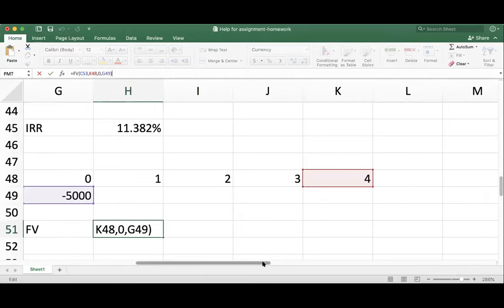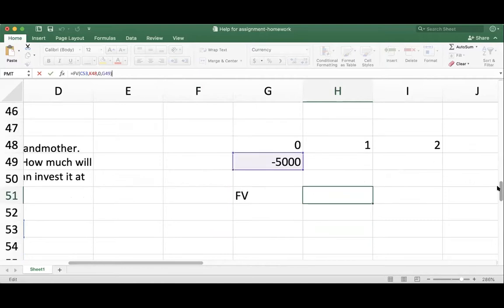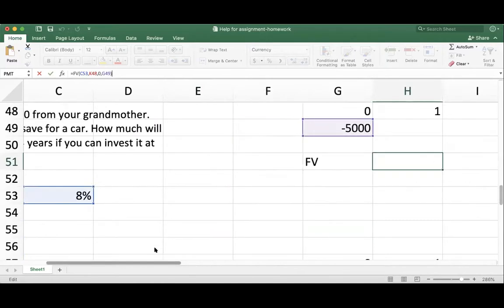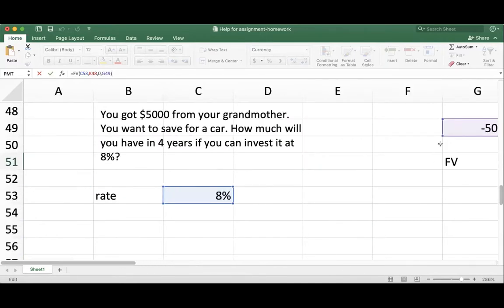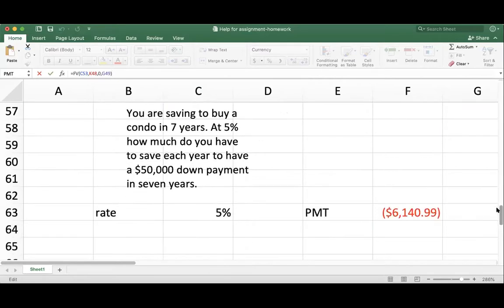G49, right here. Where's my interest rate? I put it somewhere. There it is. So it will link and show me where everything is. And this is how you kind of proof your work, is clicking on your formulas and seeing if your links go to where you think they do. It's very easy to mess this up. Believe me, I do it all the time.